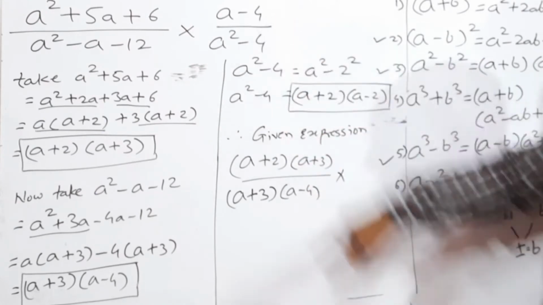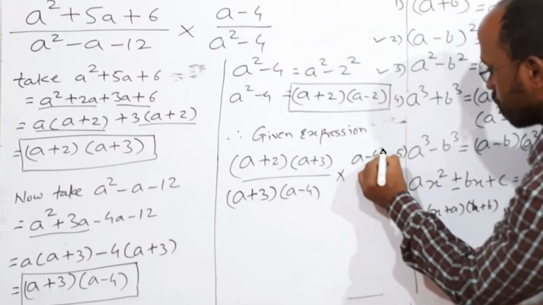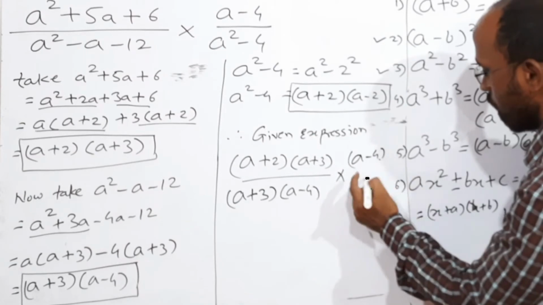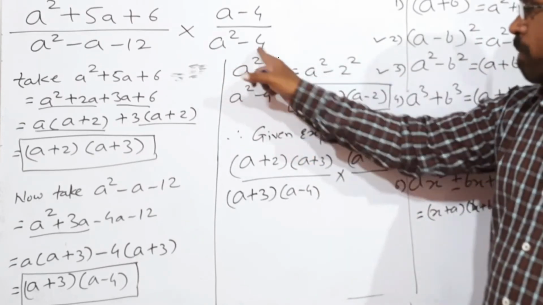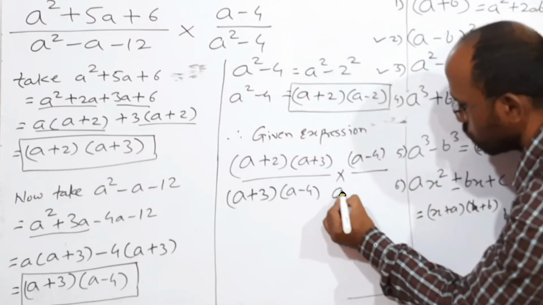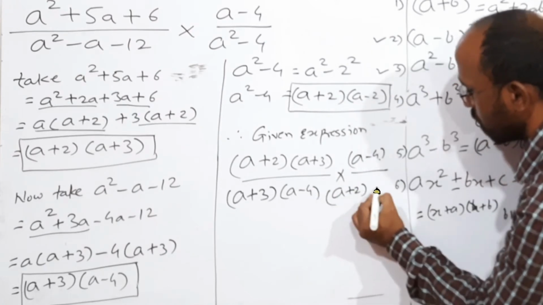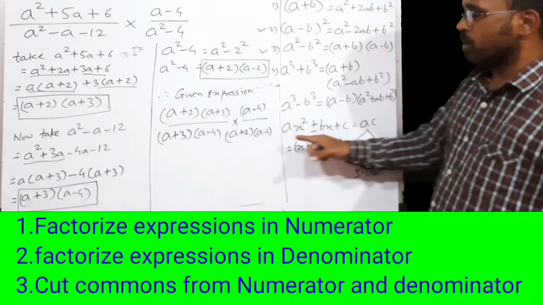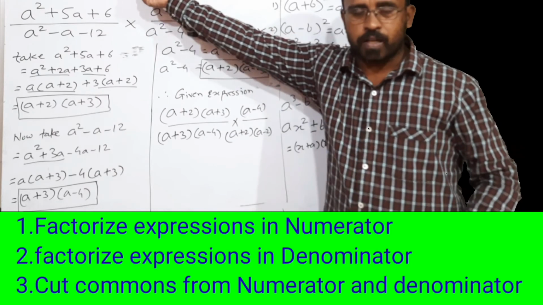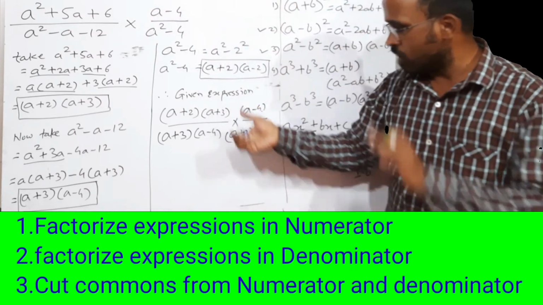We didn't factorize it, write it as it is, upon a square minus 4, which is nothing but a plus 2 multiplied by a minus 2. So we have factorized as we are doing with numericals.